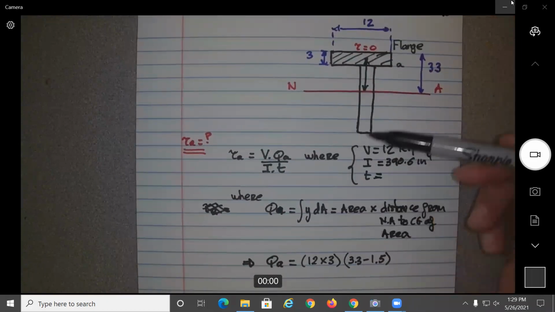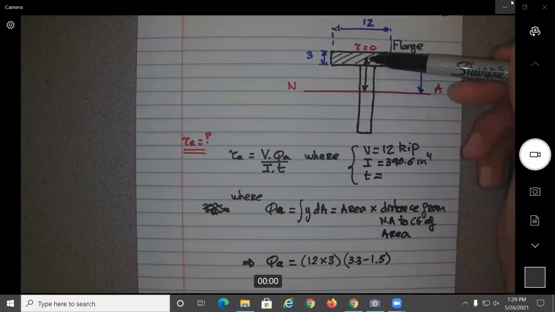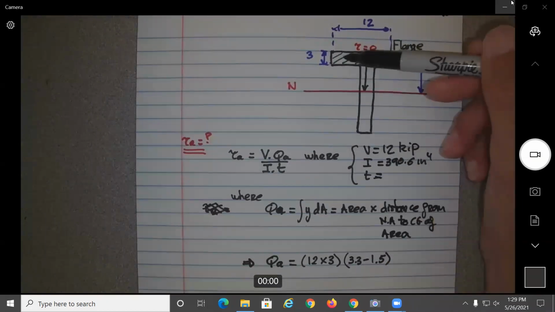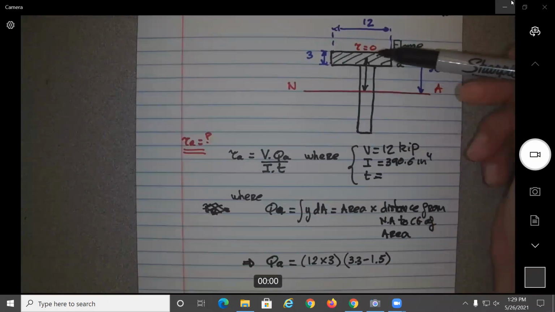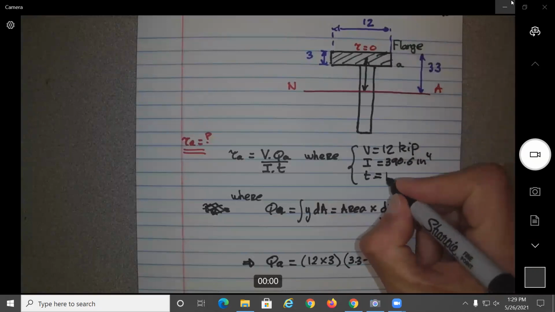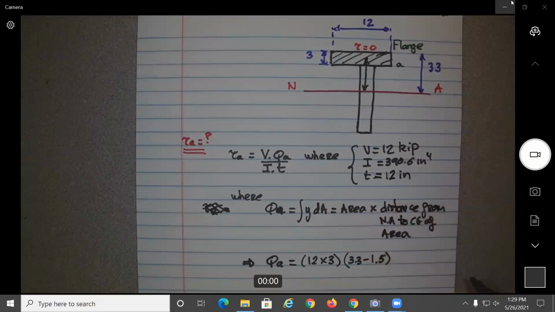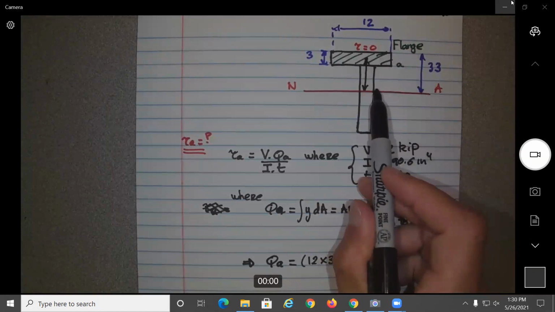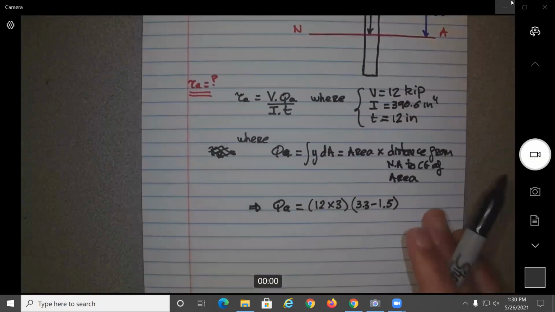Basically, we're taking the integral of y dA in that direction. But what is the stuff that is constant throughout the integration? It is the width over here, no? So really here, the thickness is 12 inches. It's not that obvious here, but if we move it to here, you will see that it is this one over here, no? All right, that's why I was waiting.